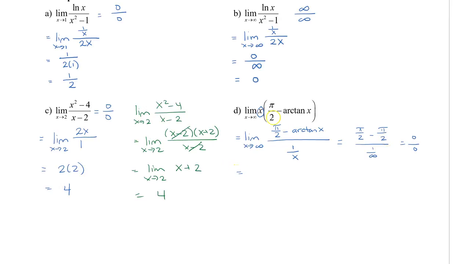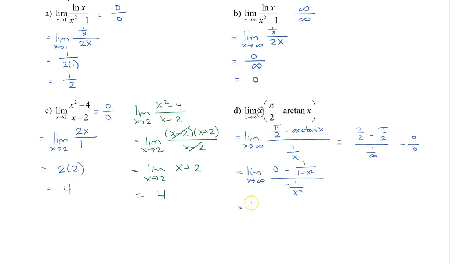So what I'm going to do is now take the derivative. Now I don't take the derivative of my original question here because that wasn't where the indeterminate form occurred. The indeterminate form is over here where it's 0 over 0. So the derivative of pi over 2 is 0. And the derivative of arctan x is 1 divided by 1 plus x squared, all divided by the derivative of 1 over x, which is negative 1 over x squared.